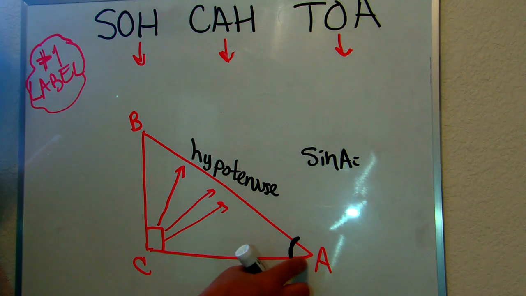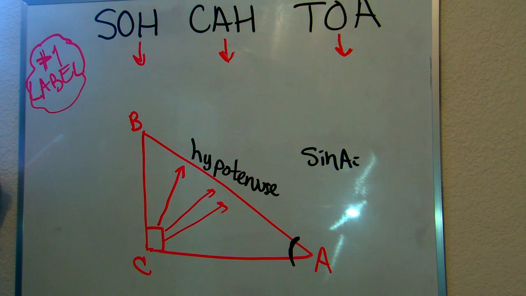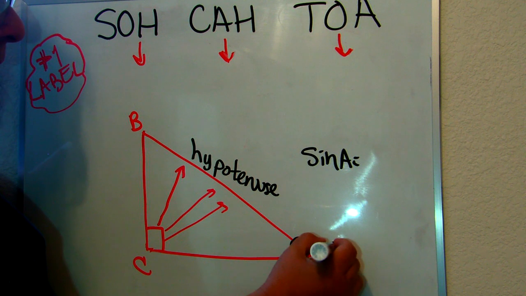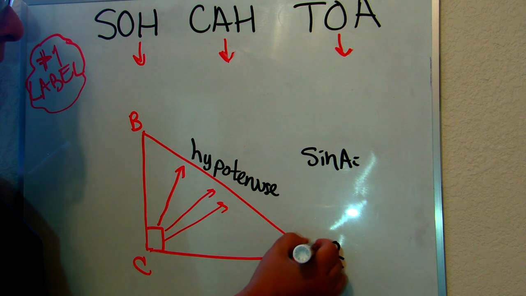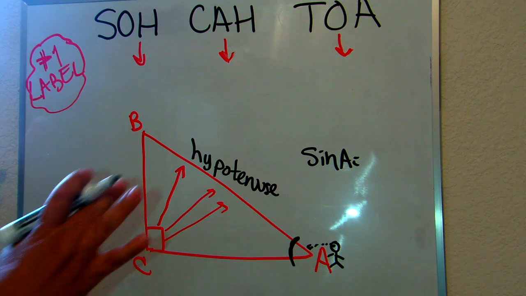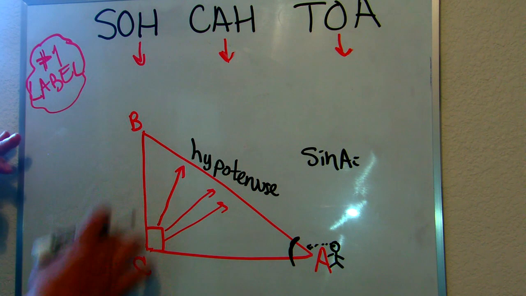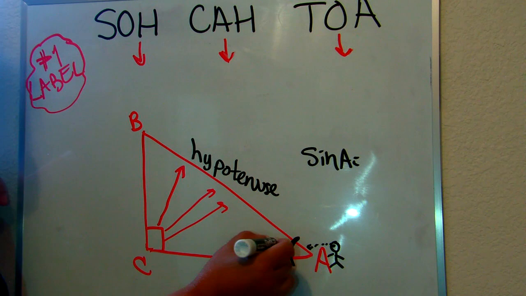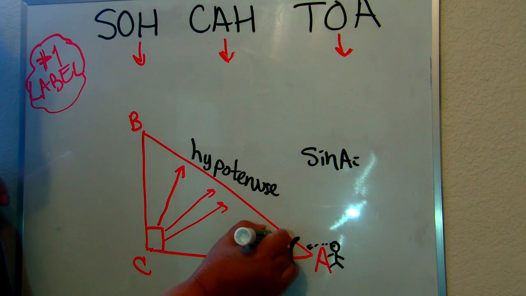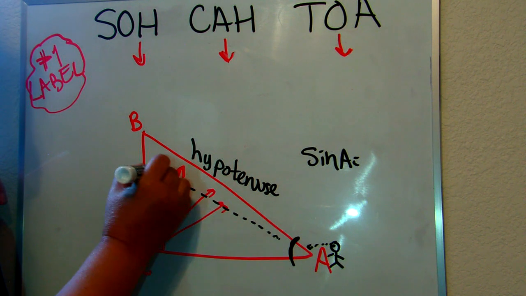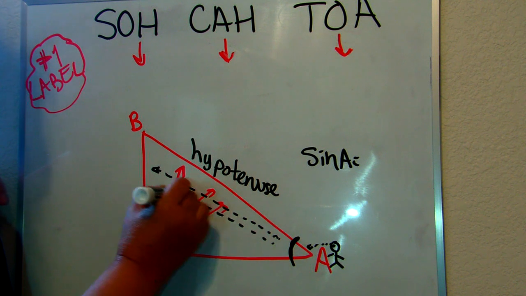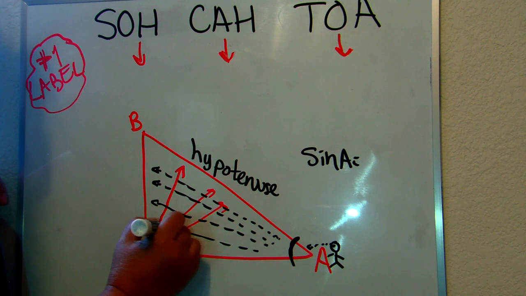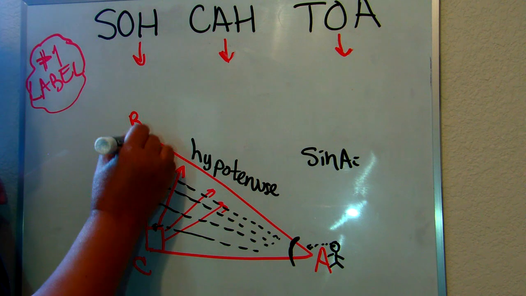In reference to angle A, remember what I mentioned before? If you're standing right here and you're looking at a tree or a building over here, what is the name of this side? If you had laser eyes, or a water gun and you're spraying a wall that is in front of you, you're going to be hitting this wall, right?